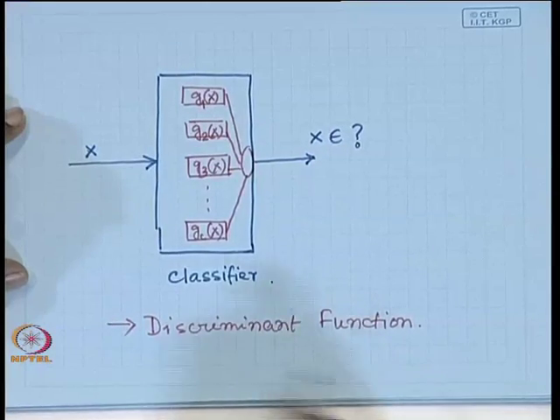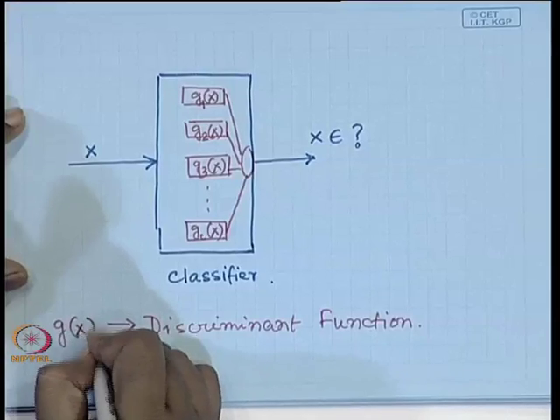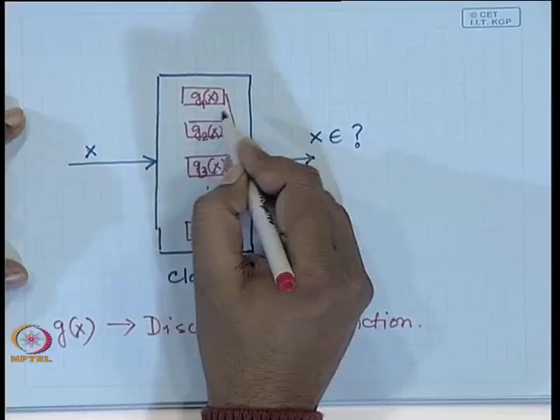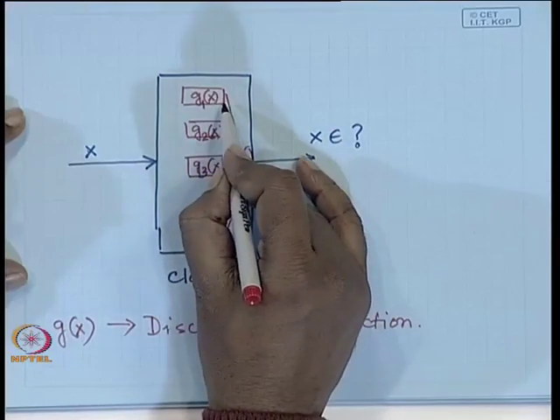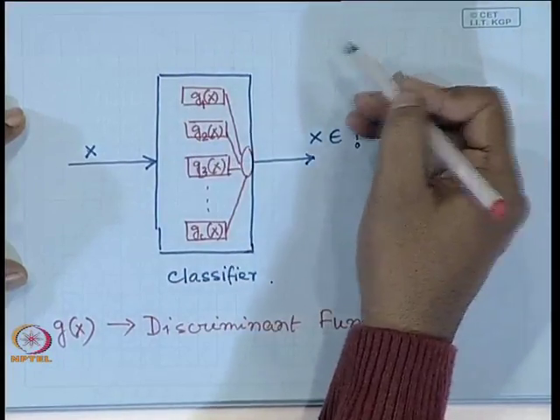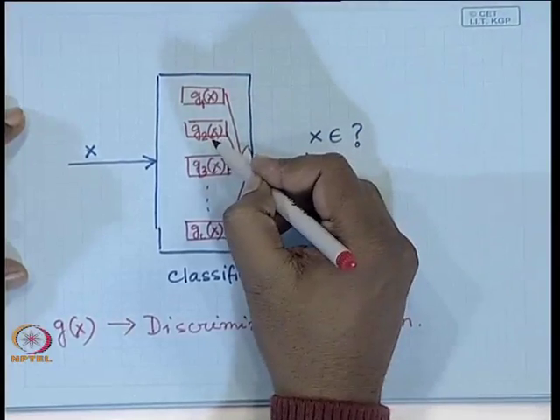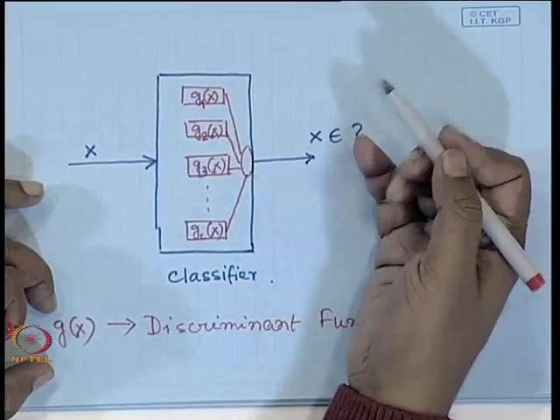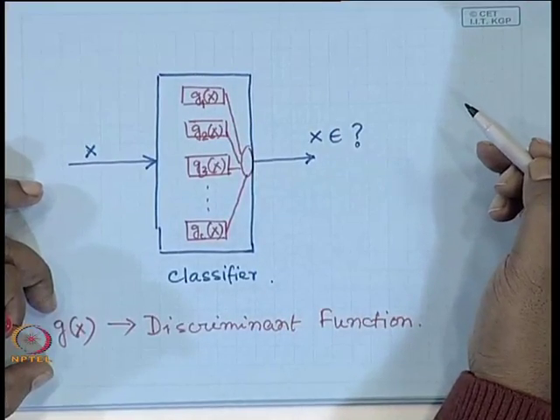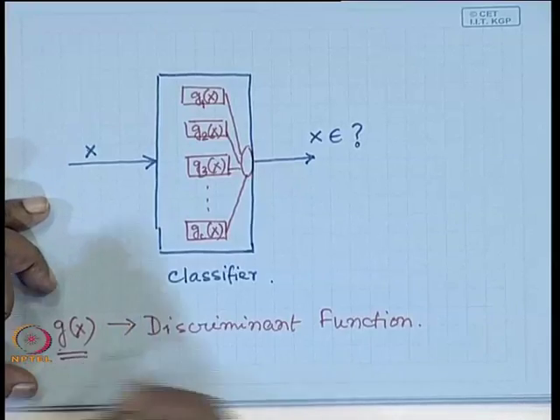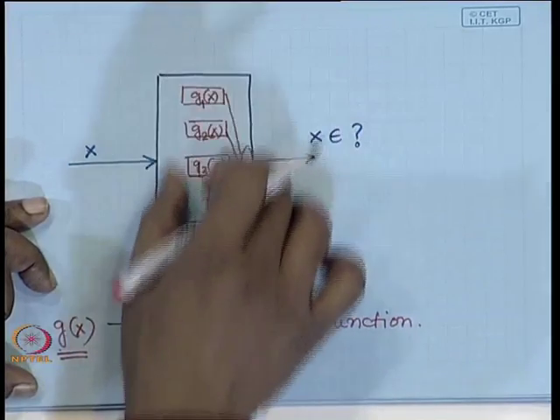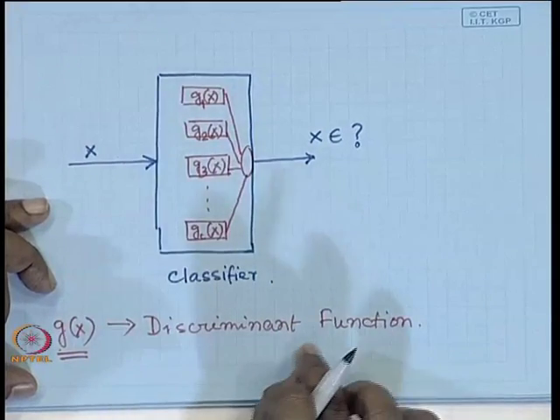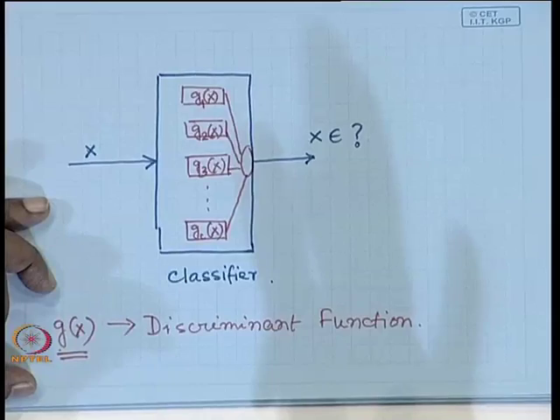So, this g x is called discriminant function. Your function is the same, I will call it g 1 x when it is computed for class omega 1, or g 2 x when it is computed for class omega 2 or for action alpha 2 and so on. So, whichever class gives you maximum value of the discriminant function, I put this object into that corresponding class.